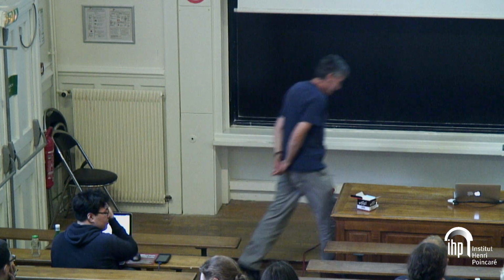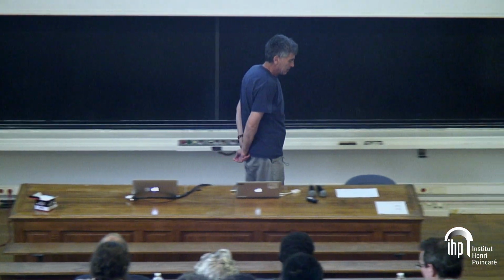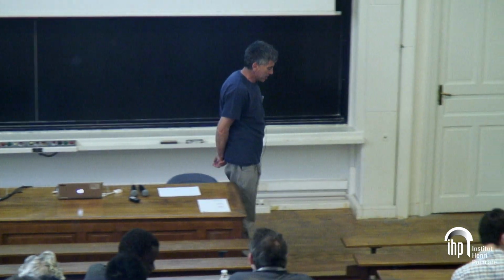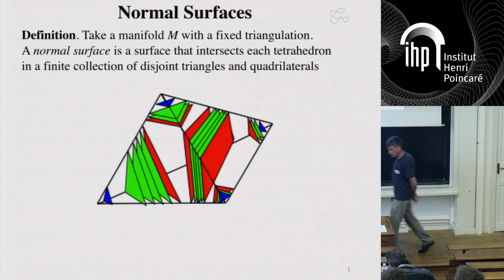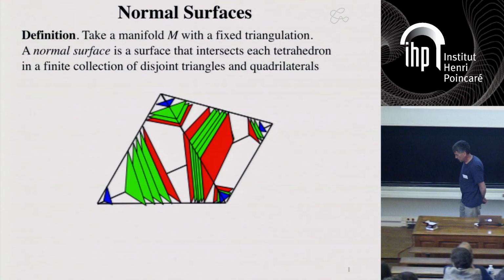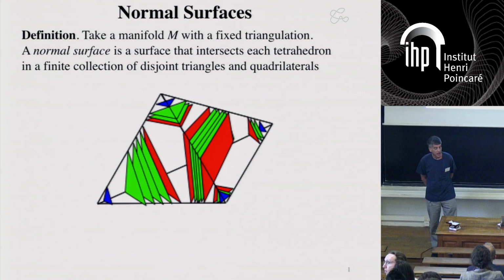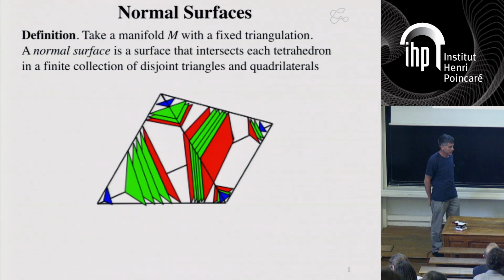Thank you. So today I want to finish discussion of the algorithm for recognizing unknots and talk about a couple of other algorithms also. So we'll do a little bit of three-dimensional manifold theory, not too much, but a little bit.